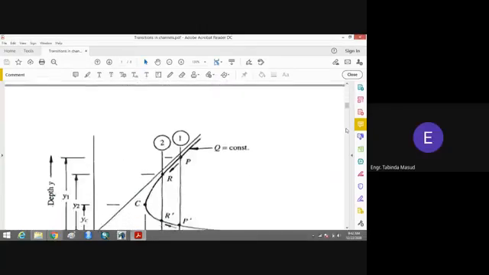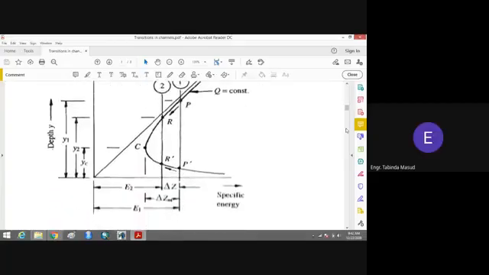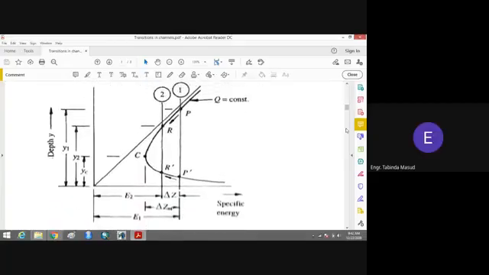We can explain this situation with the help of the specific energy diagram. Also, you can see that this is the specific energy diagram for the constant discharge. Here on the x-axis we have the specific energy head, and on the y-axis we have the depth of the flow.